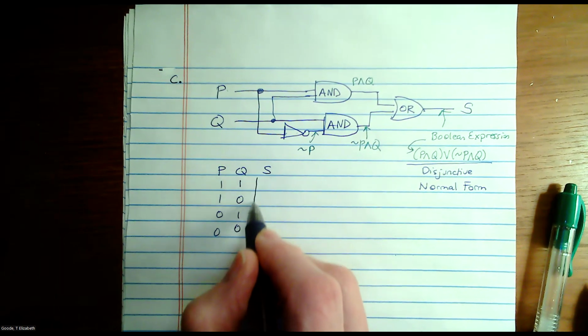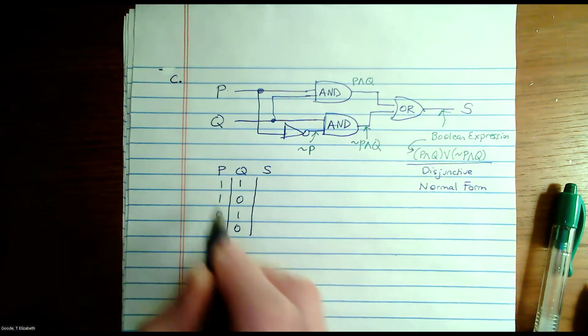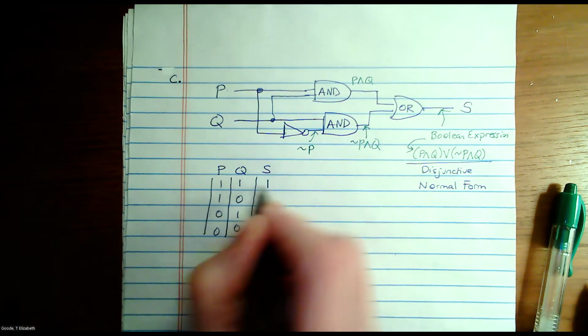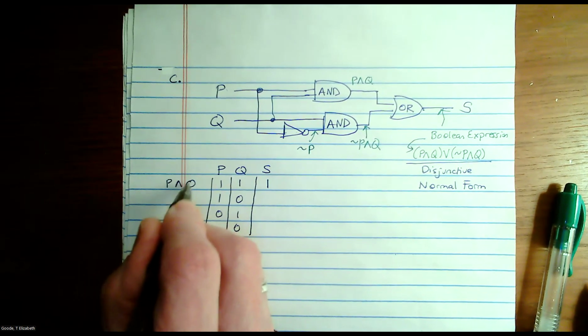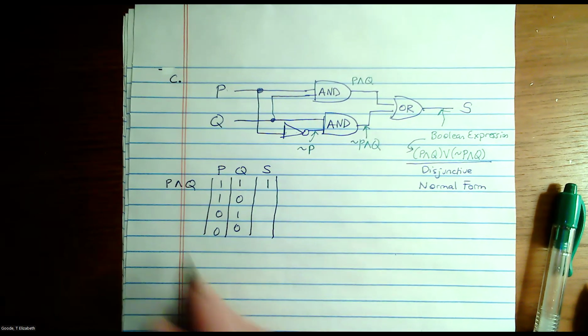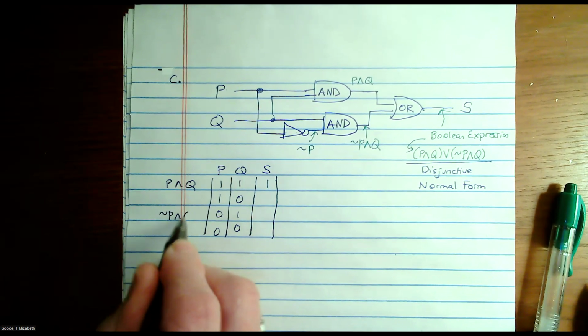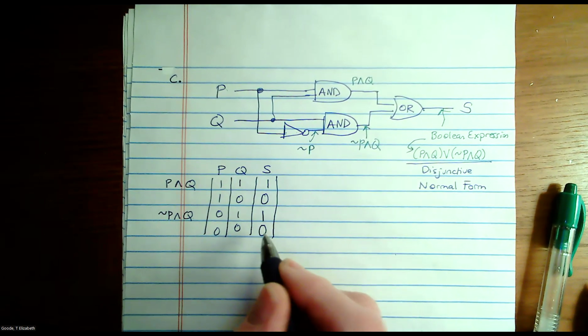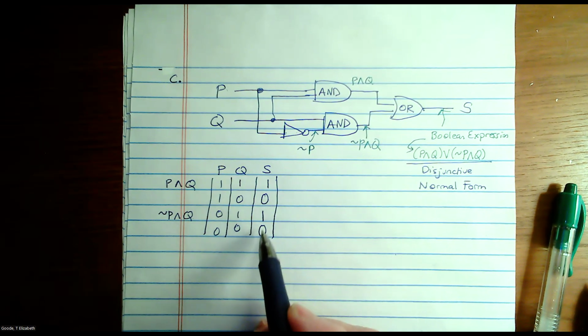In the output column. Which row? The first row for P and Q. Yep. And the third row for not P and Q. Perfect. And we don't want hot output in any other circumstance. So we put 0's here and here.